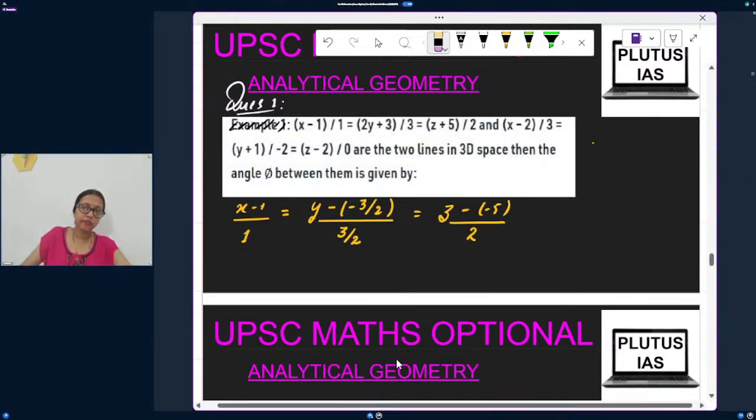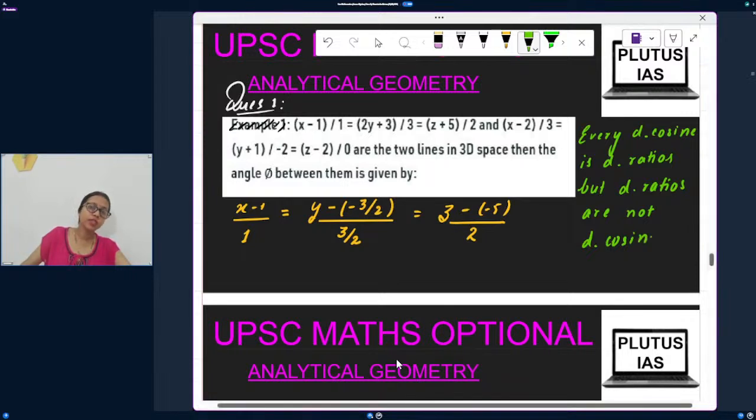So basically, every direction cosine can be considered as a direction ratio, but direction ratios are not direction cosines. Why am I saying that a direction cosine is a direction ratio?